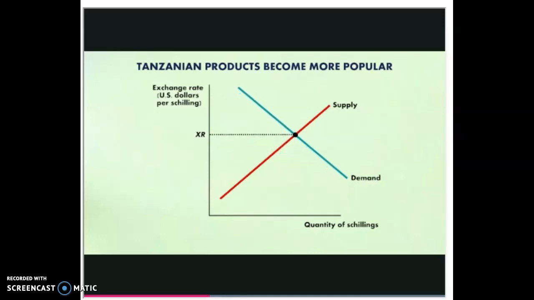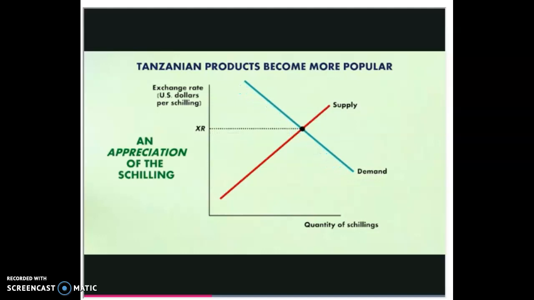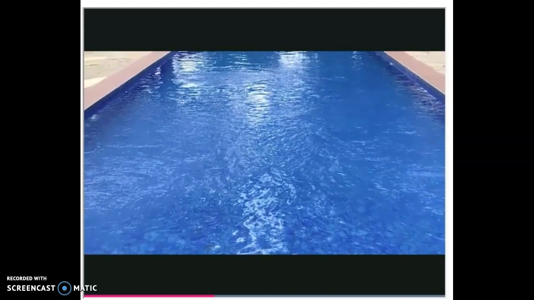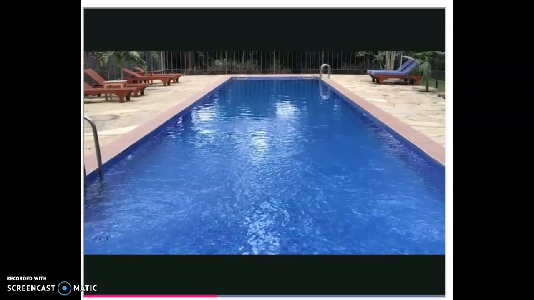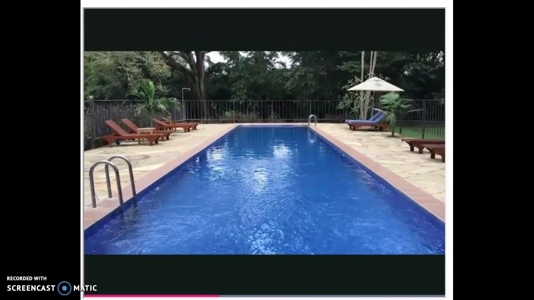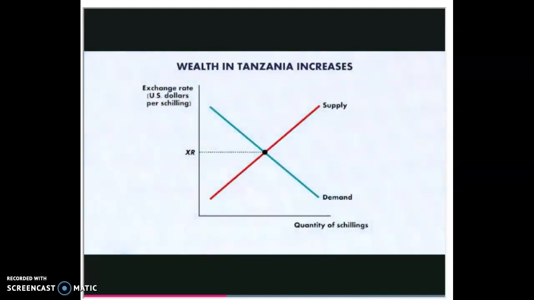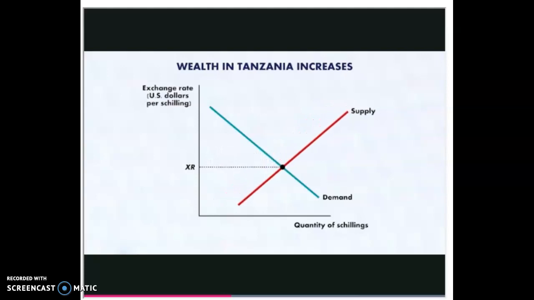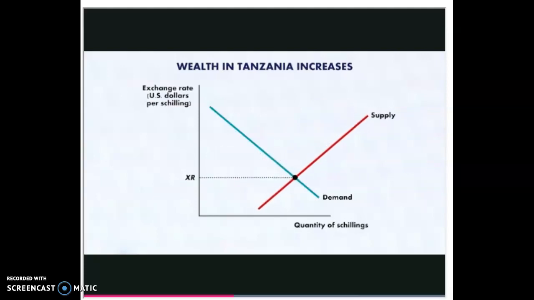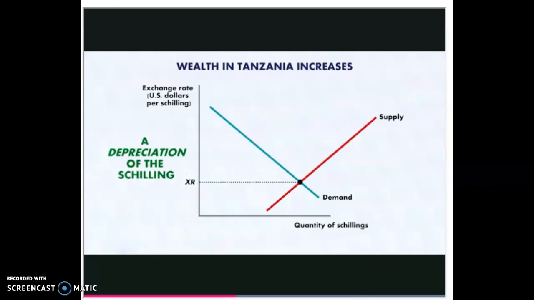We call that increase an appreciation of the shilling. If the general level of wealth in Tanzania increases, Tanzanians will buy more of most goods, including imports from the United States. To buy those additional imports, they will supply more shillings in exchange for dollars, which increases the supply of shillings and shifts the supply curve to the right, decreasing the exchange rate. We call that decrease a depreciation of the shilling.